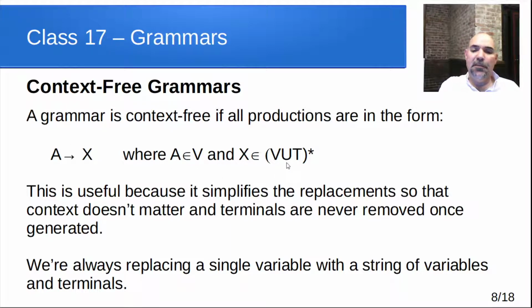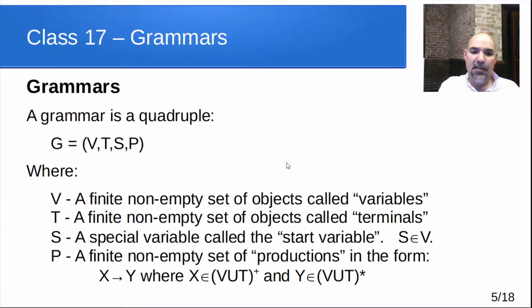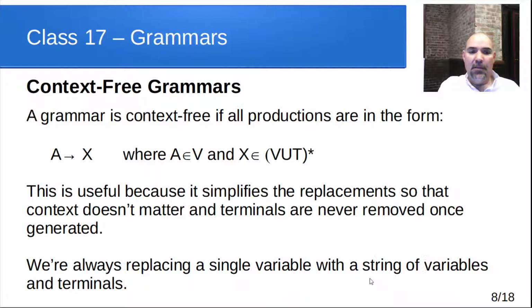This was (V union T) star before. Let me back up and show that here for a second. In this case it was Y on this side, but whatever the right-hand side was, it was an element of (V union T) star. But the difference now is the left-hand side: we have restricted it to only having a single variable. So the left-hand side of the production is just a single variable, and that's it.